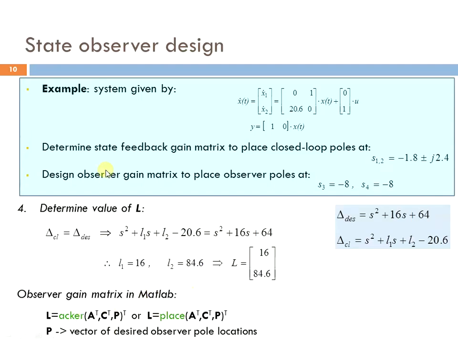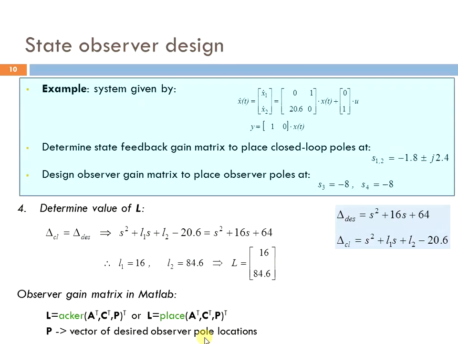We also notice that the result of implementing this function is also transposed, and the reason for this is that normally these functions give us a row vector. Remember that the state feedback gain matrix is a row vector. In this case, our observer matrix is a column vector, so we need to transpose it so that it corresponds to what we get from the hand calculations.